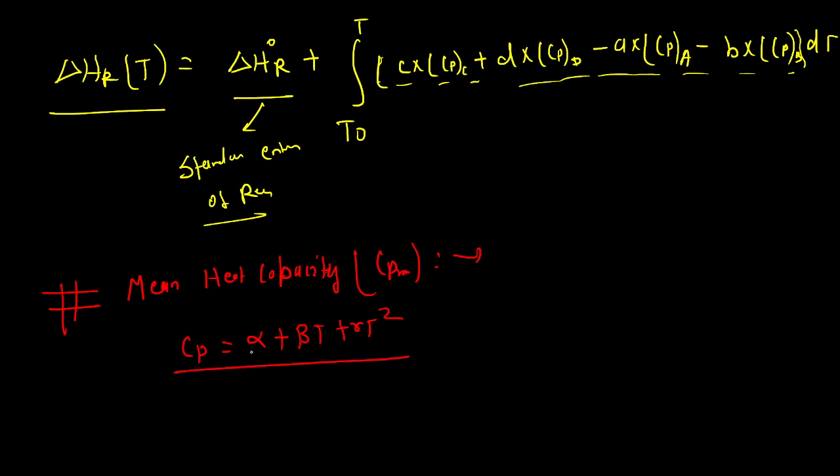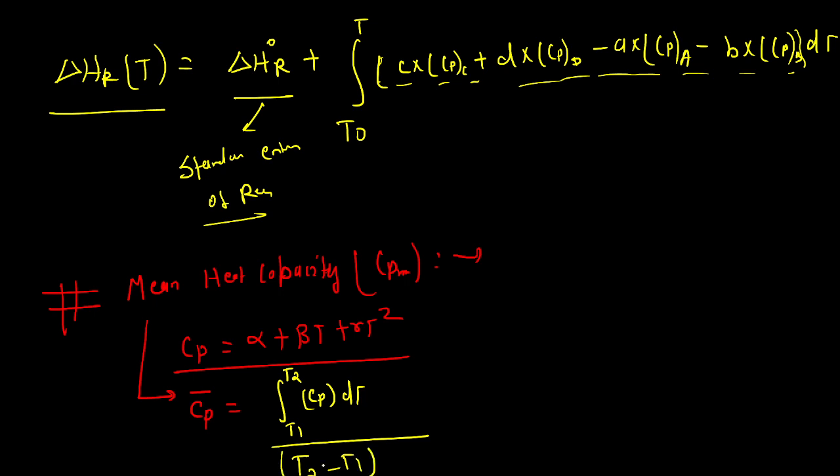If Cp is also varying, then in that condition you have to calculate Cp bar, that is mean heat capacity of that particular substance, and that is equal to the integral from T1 to T2 of Cp dT, divided by T2 minus T1, right?